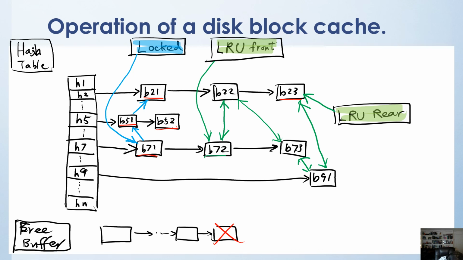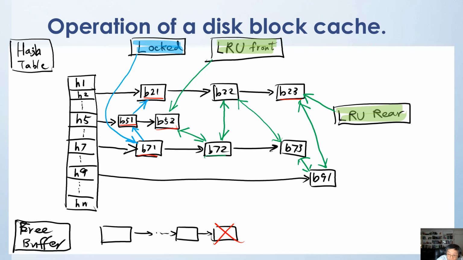So you have to update the LRU list: put this at the front and connect it to B72. So the next block to be removed is B52.